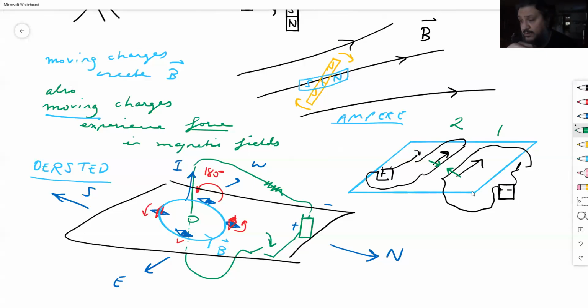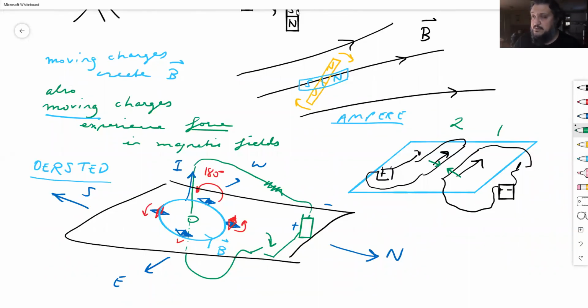You can look at it both ways, and both of them will be correct. And he also observed that if you change the direction of the current, instead of having two parallel currents, if you have opposite directions, now they would repel each other. So those are the famous two experiments.